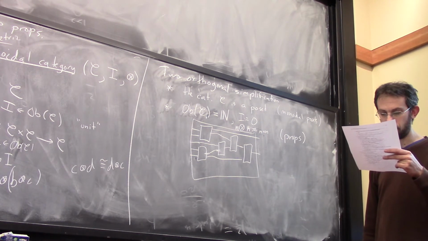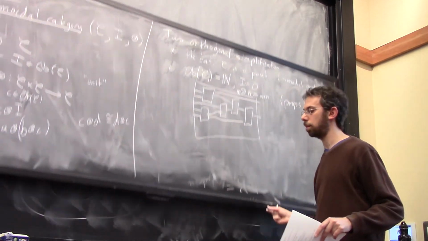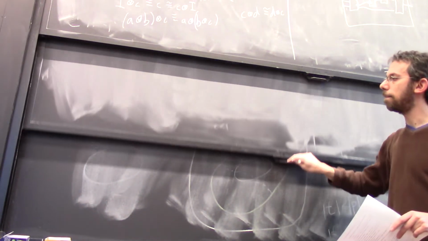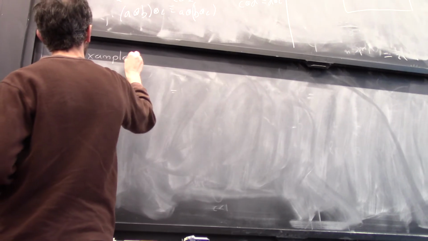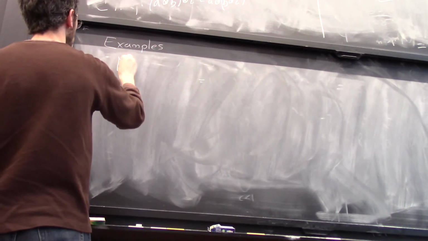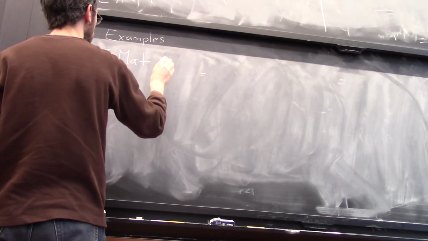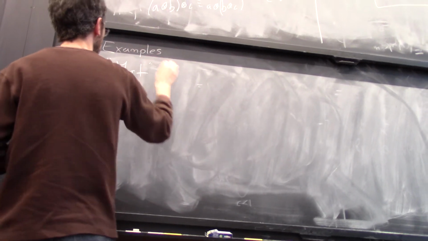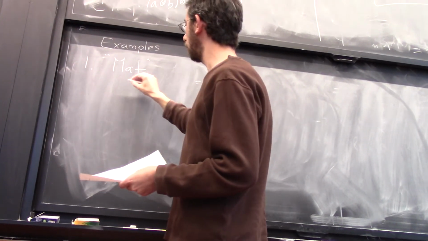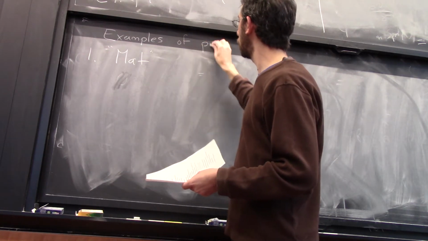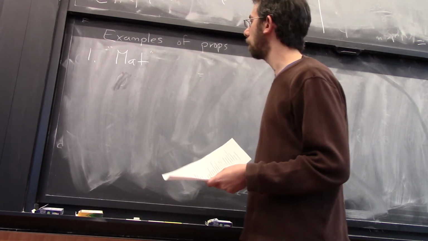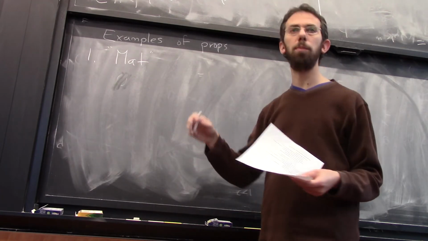Okay, so I will give examples. Examples of props. One, Mat. So in this thing, it's going to be a prop. So it's a monoidal category.